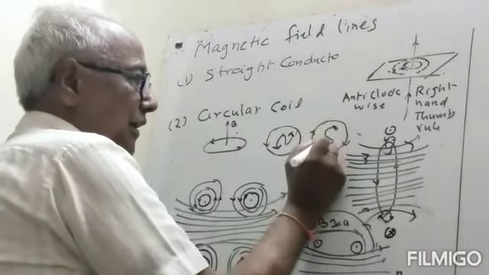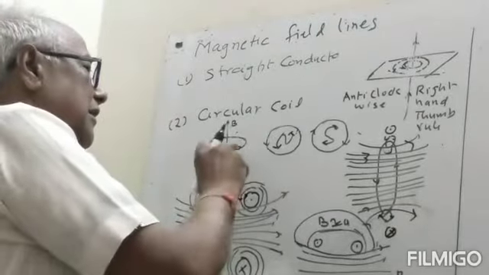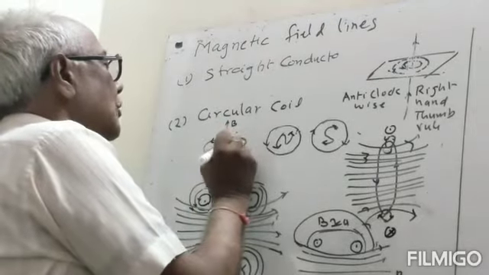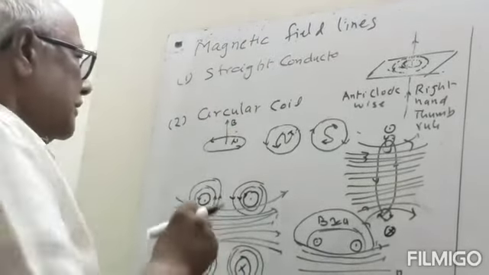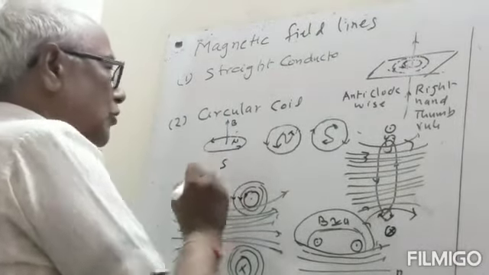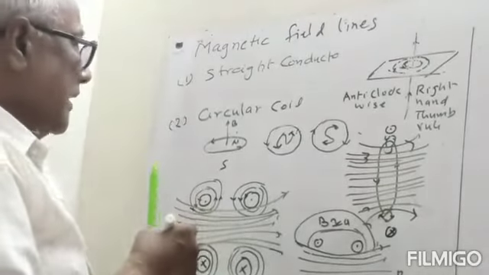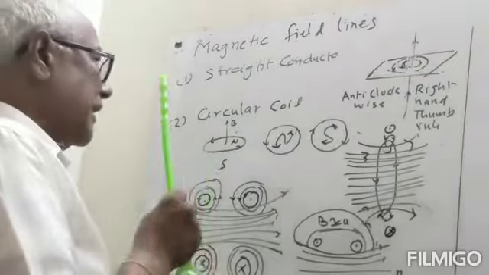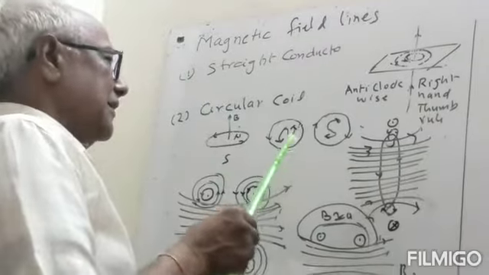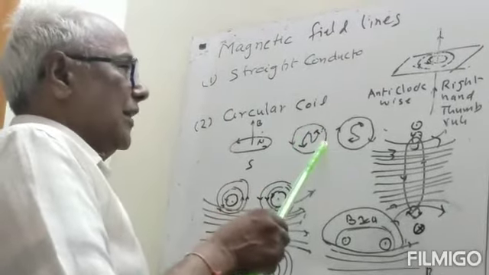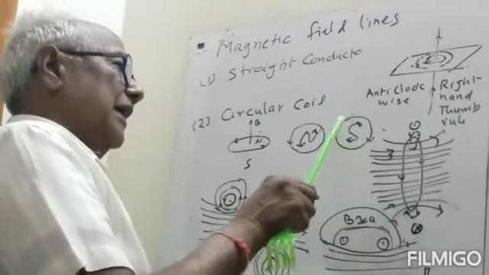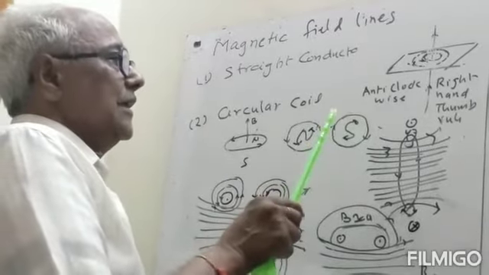The upper face will be a north pole because the current is anti-clockwise, and the base of this is the south pole. So the current carrying coil will behave like a magnet. If we see from the upper side and the current is passing anti-clockwise, it will behave like an N pole, and if the current is passing clockwise, then it will behave like an S pole.